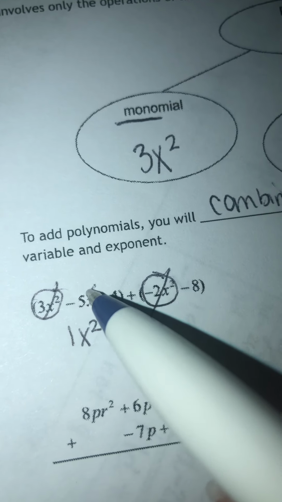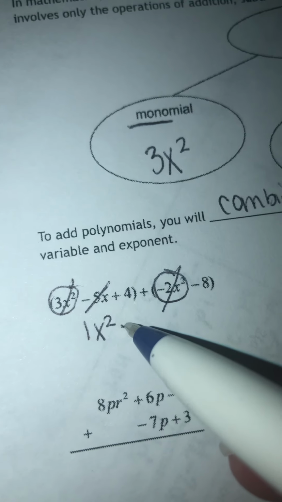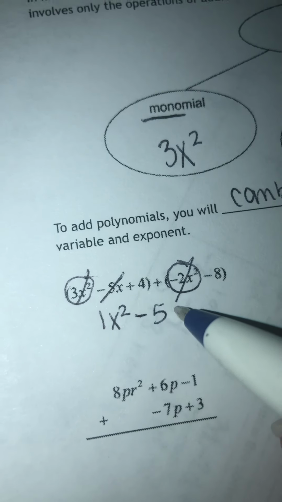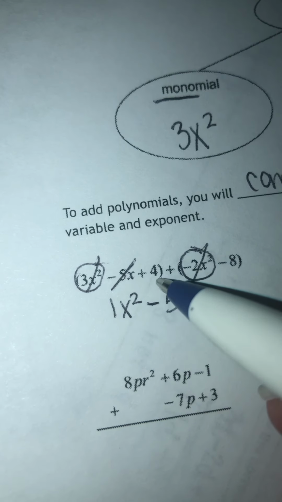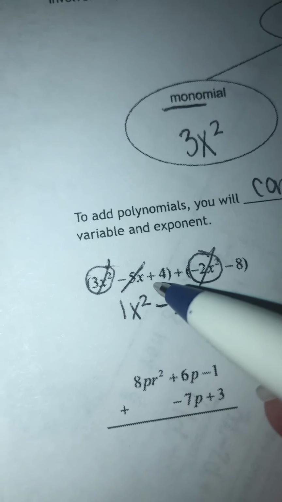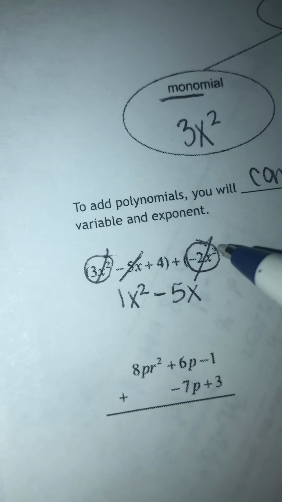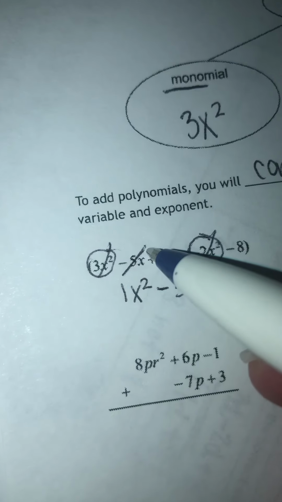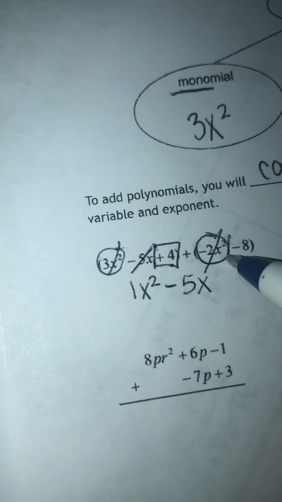So this one doesn't have anything that's going to go with it, so I'm just going to write it down, minus 5x. And then last I have a positive 4. Positive 4 is a constant because it doesn't have a variable next to it, and negative 8 is also a constant. So these two are going to join together.